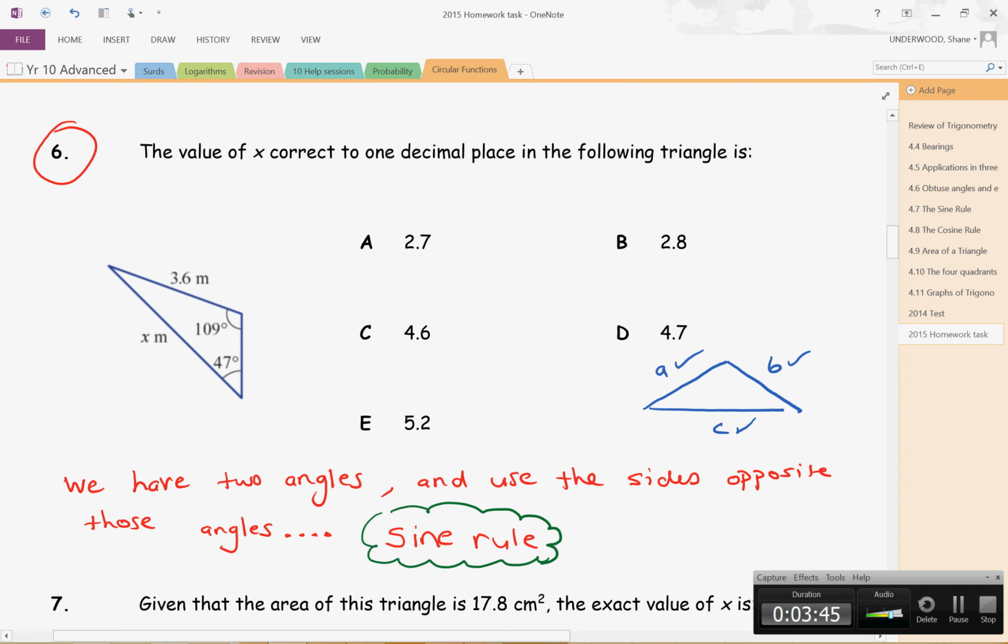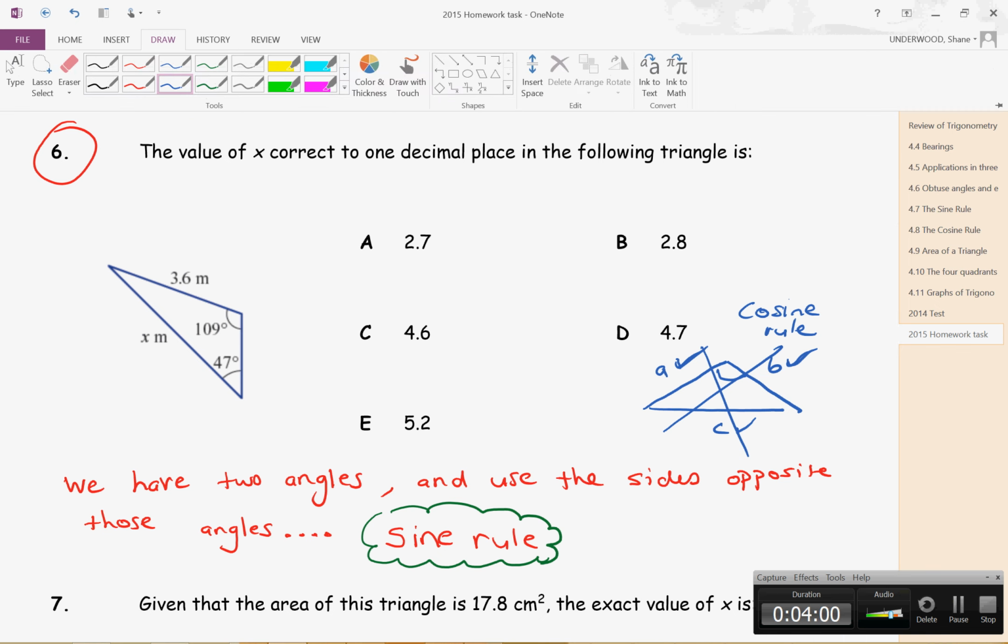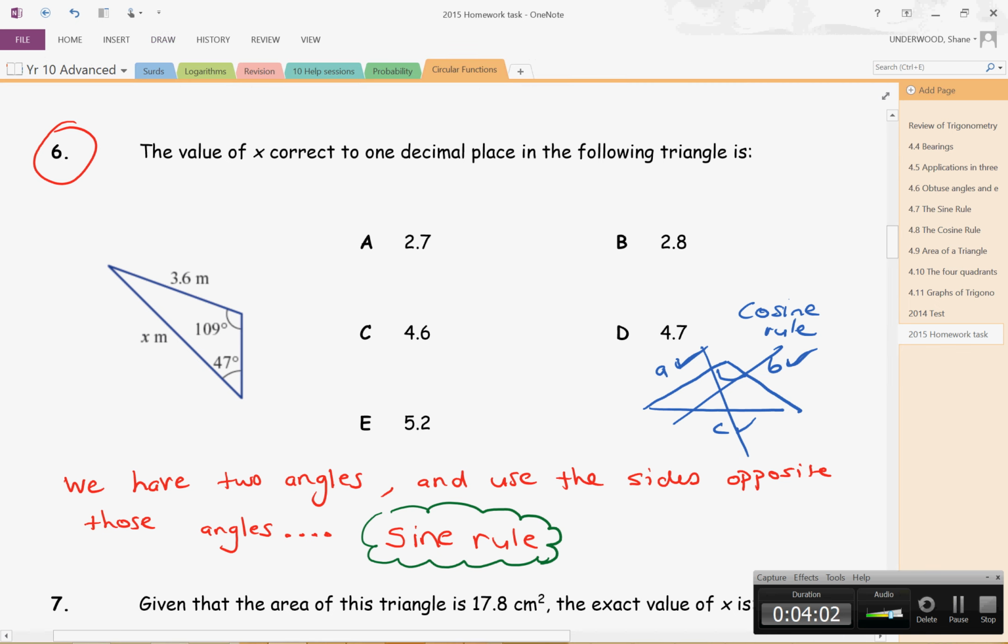However, if I know two lengths, if I know A and B, but I do not have the angle between them, then I cannot use the cosine rule. We cannot use the cosine rule unless we have the angle between the two lengths. So if that's the case, it's usually a hint that, okay, we can't use the cosine rule. If you go ahead and plug your numbers into the cosine rule, you're going to have two unknowns.